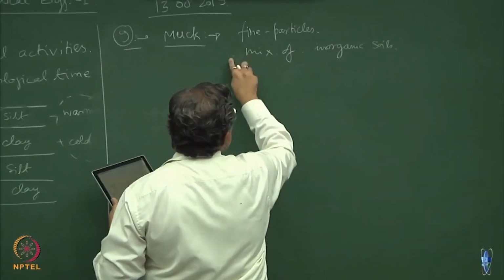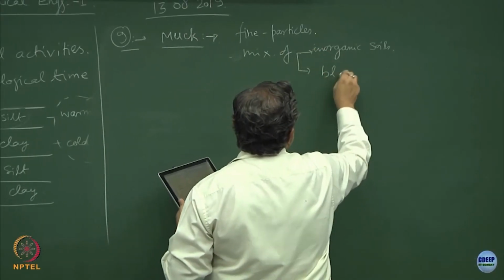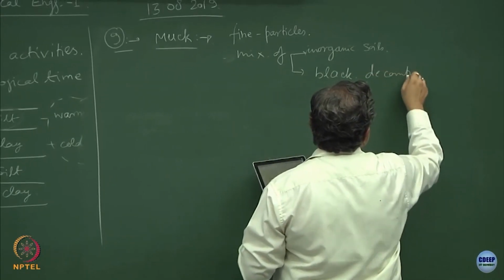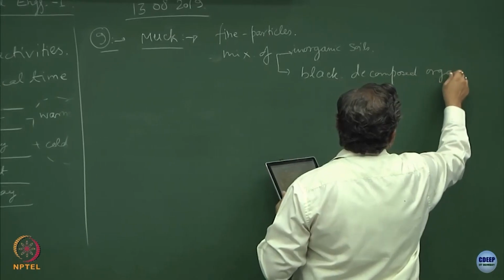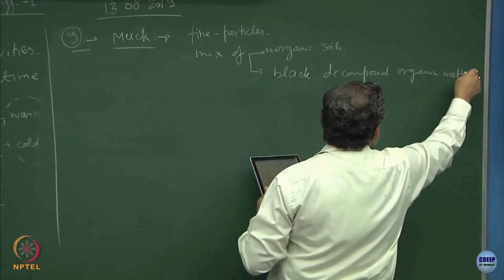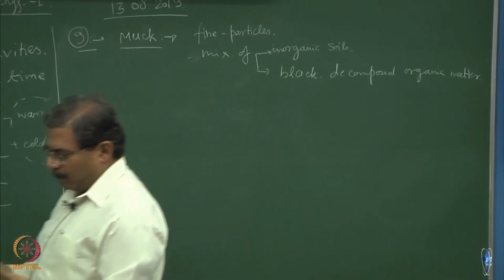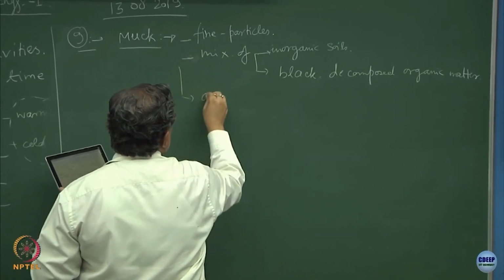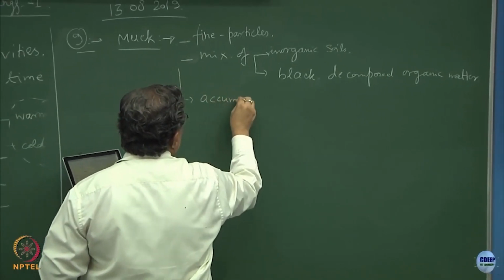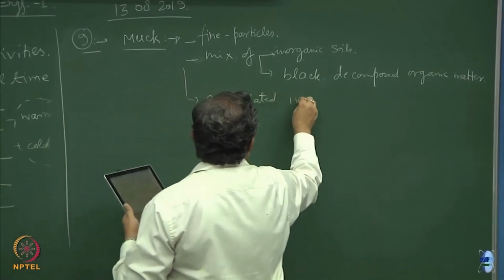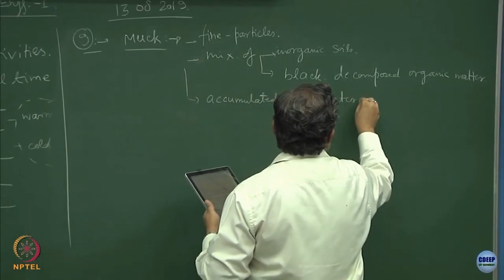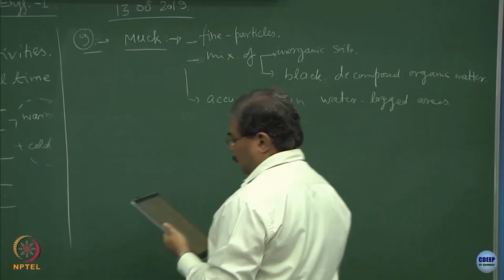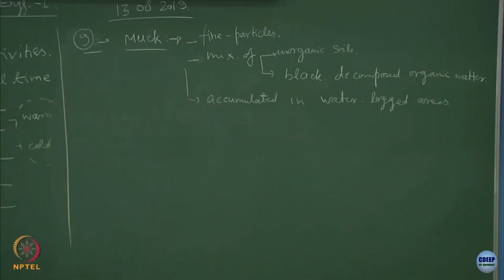So, it is a mixture of inorganic soils and black decomposed organic matter. Normally these type of systems you will find them accumulated close to waterlogged areas. Alright, particularly in swamps.